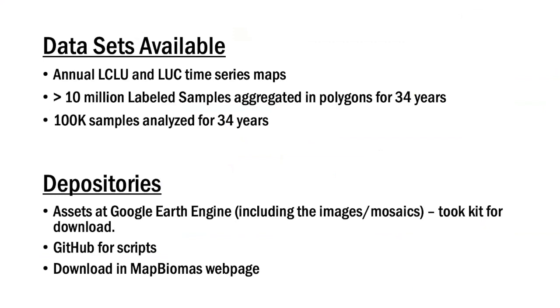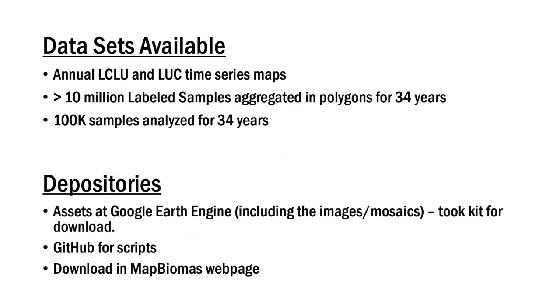So the data that is available today is the land use maps, and also the land use change maps, available as the full time series at the pixel level. There are these 10 million label samples. I say 10 million because it's two data sets that we're using from different periods of the collection, so they're all there.